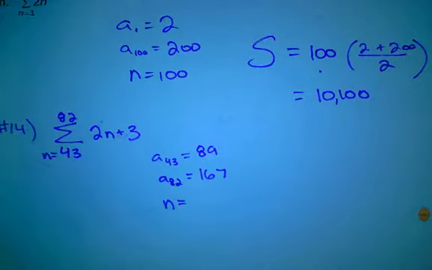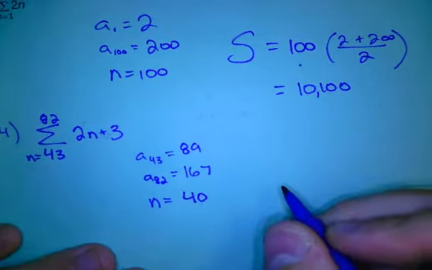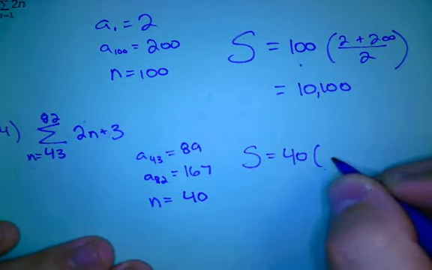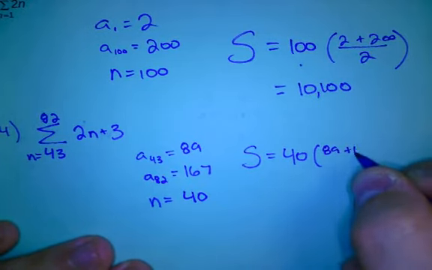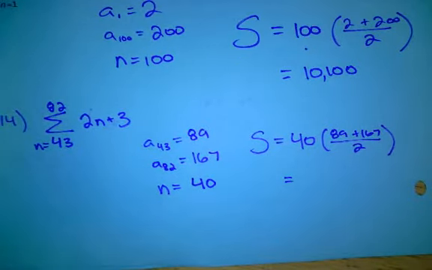So how many terms are there? 39, 40. 40. What do we get? 5120?